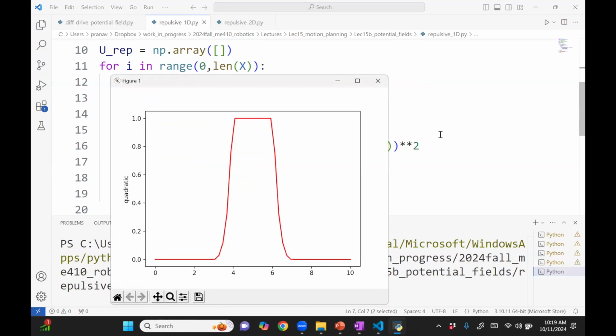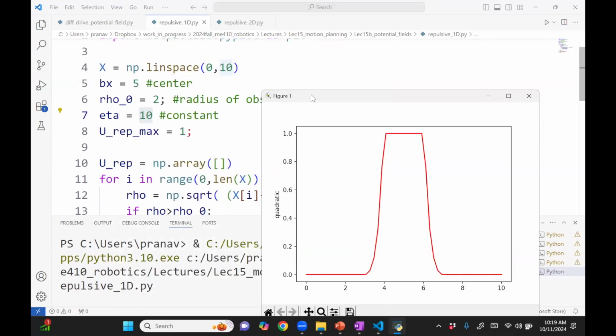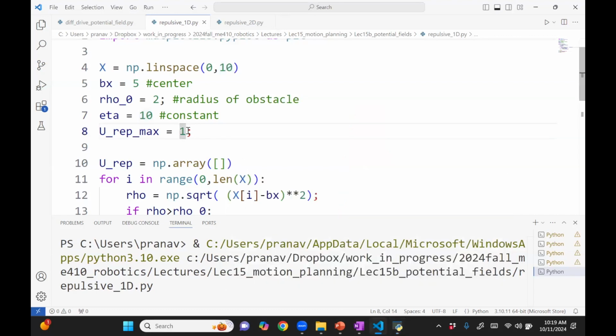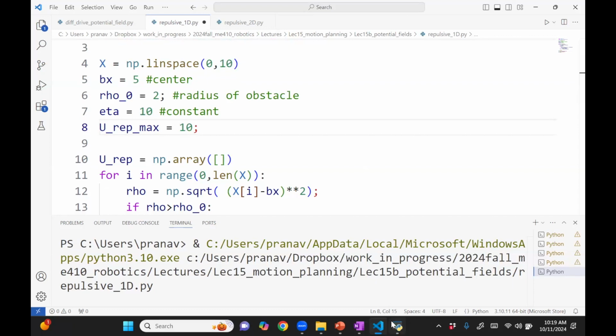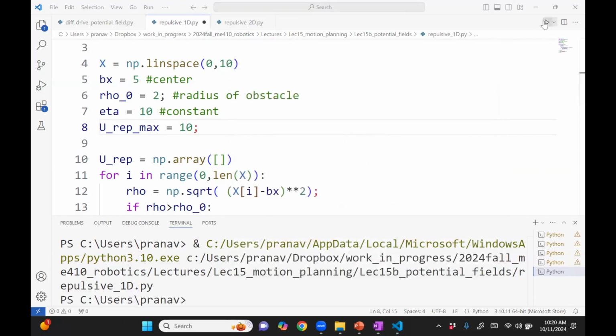Okay, so here you can see that rho is 2, so plus or minus 2 around bx, which is 5. 5 minus 2 is 3, 5 plus 2 is 7, so at 3 and 7 you'll see the potential growing, and then it goes to infinity. If I don't put 1 here, let's say I put 10 here, and then rerun this, you'll see it's clipped at 10.